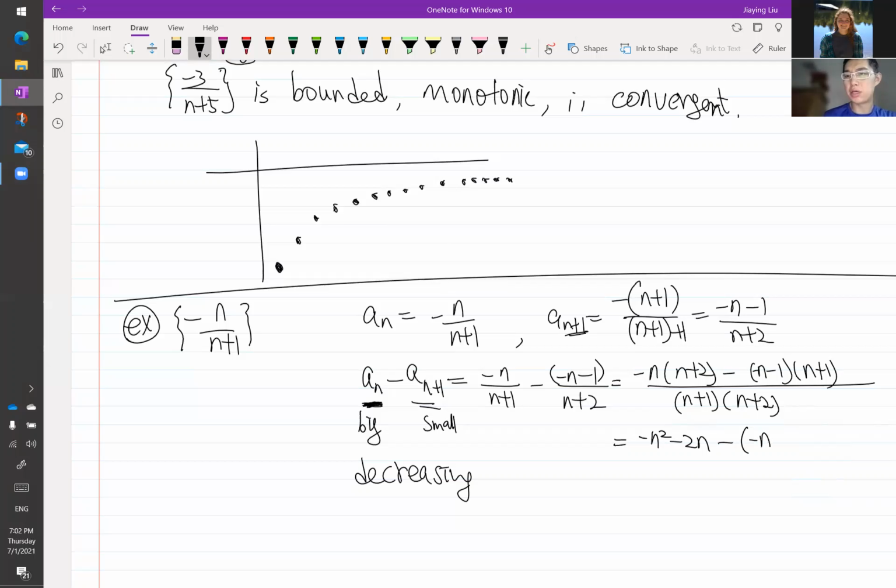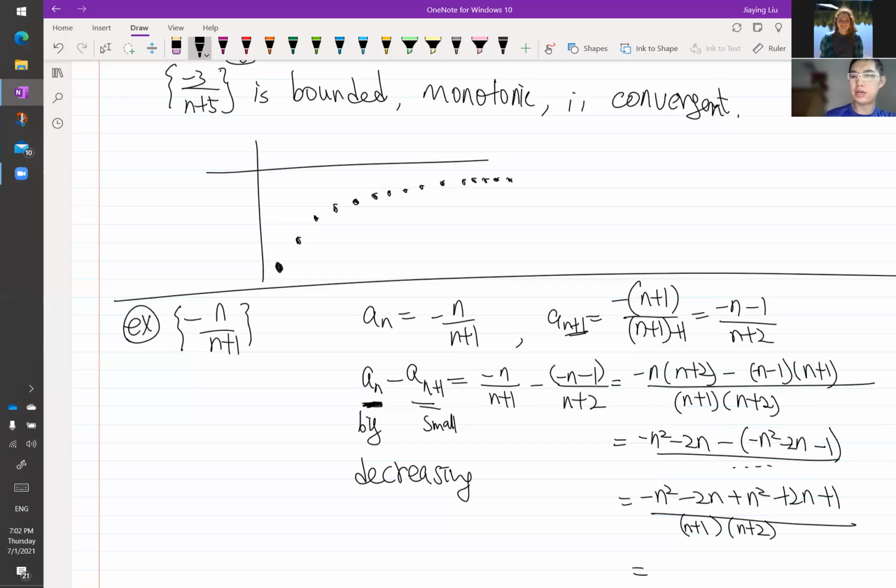So negative n squared minus n minus n, that's a negative 2n, and then minus 1. The denominator stays. So that becomes negative n squared minus 2n plus n squared plus 2n plus 1. Oh, okay, great, n plus 1. Thank you. I forgot to do this, but it turns out that we still have 1 in the numerator, and the denominator is the same. Funny, nothing changes there. Okay, thank you.